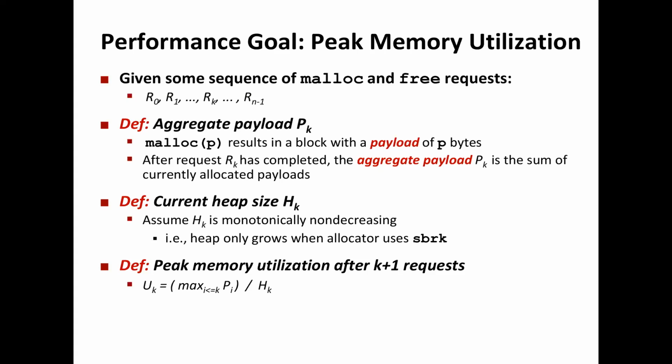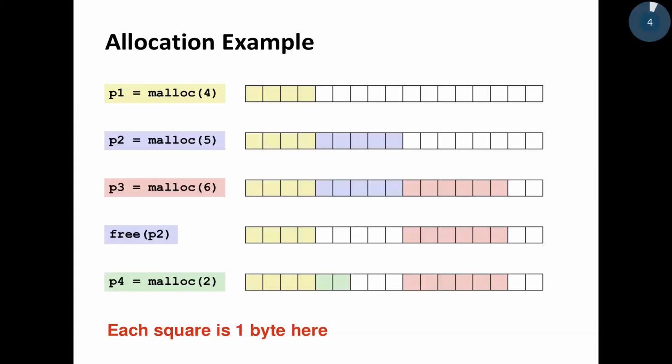So let's go back to our previous picture and look at this example. We have P1 malloc 4, that's R0, request 0. Then the next one is R2, then R3. Then free P2 is going to be R4. And then finally we have R5 for malloc 2.